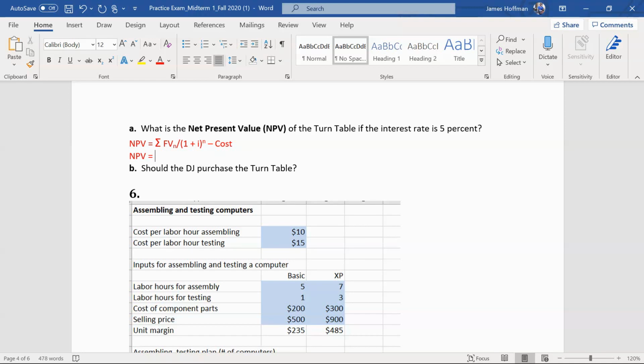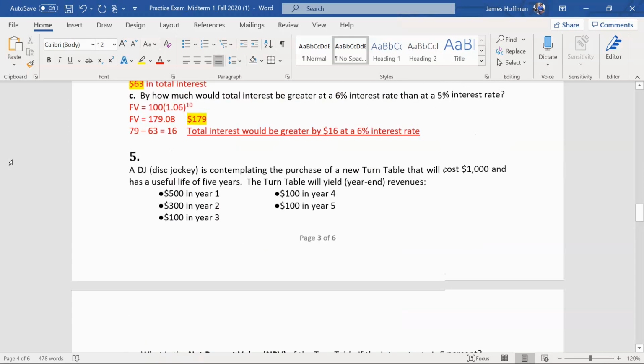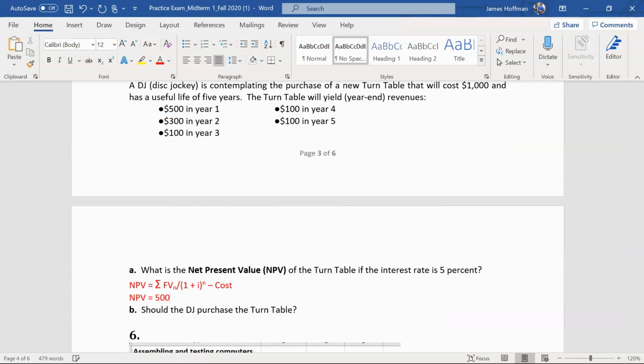Okay, so let's start summing up all the discounted payments, or the discounted revenues. Year one, we get $500, and that's divided by 1 plus I to the 1. Okay, so that's the first one.